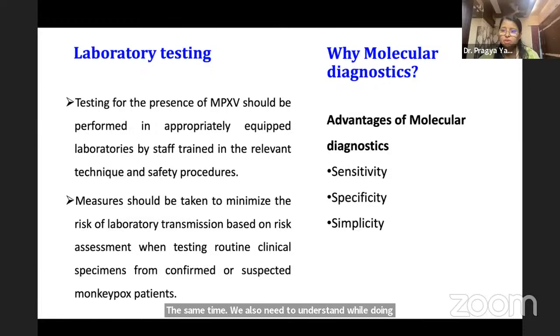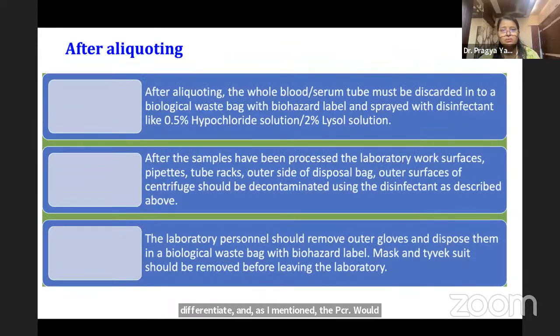They know the biosafety practices, they know how to do the test, they are certified, they have an NABL accredited laboratory, and they follow proper guidelines. The risk assessment of the laboratory should be done. Routine clinical samples from confirmed or suspected monkeypox cases should be differentiated. And as I mentioned, PCR would be the preferred test for such testing.